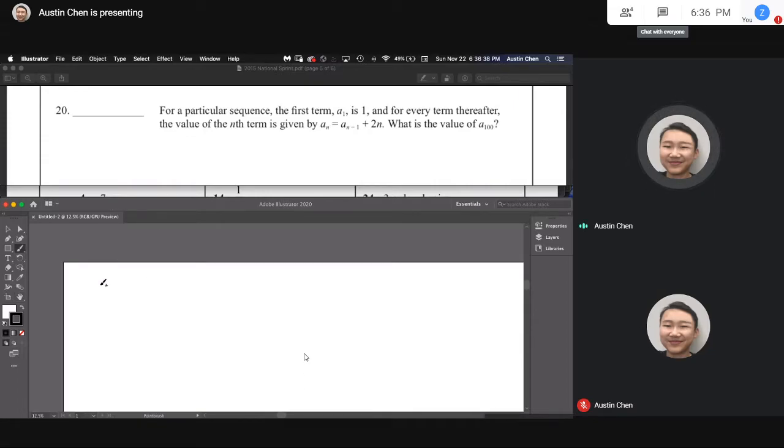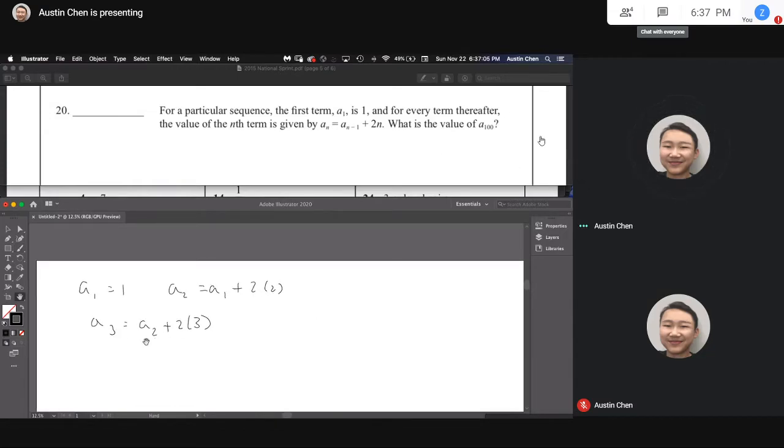All right, well, A1 is 1, right? So by that equation, A2 will equal A1 plus 2 times 2, because in this case n is 2. And A3 will equal A2 plus 2 times 3, because in this case n is 3.